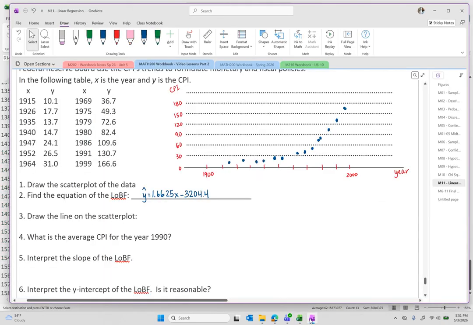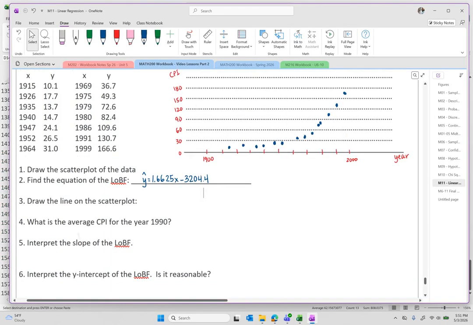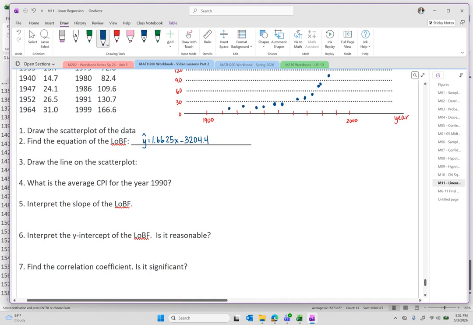So the 2 points that I need to show here are 1915 with a y hat of negative 20.7 approximately, and then 1999 with a y hat of 118.9.